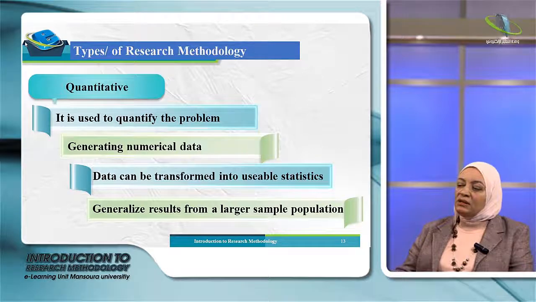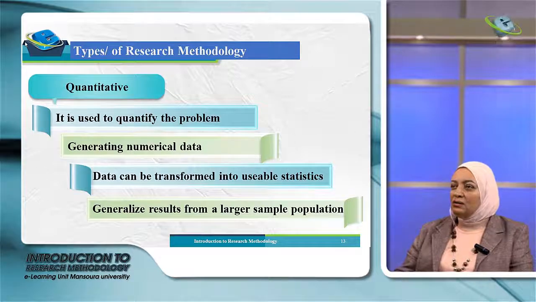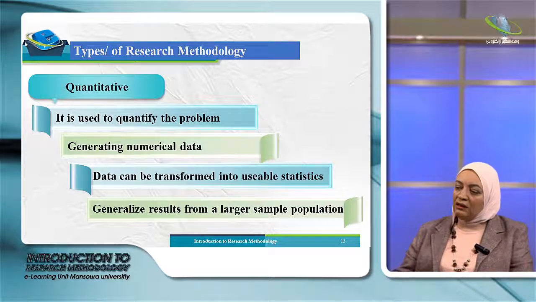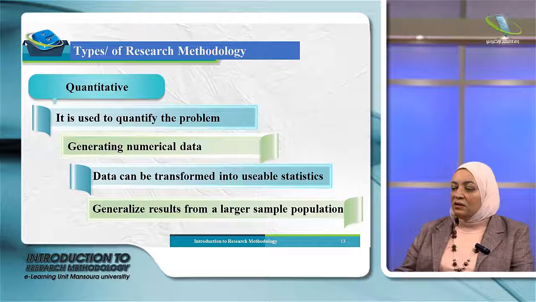The next point is types of research methodology. We have two types, quantitative and qualitative. With quantitative methodology, we can assess knowledge or observe practice, but we put it in numbers and use statistics and tabulations. It is used to quantify the problem, generating numerical data.